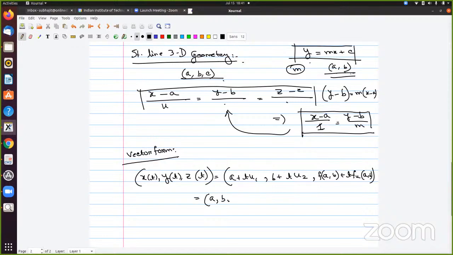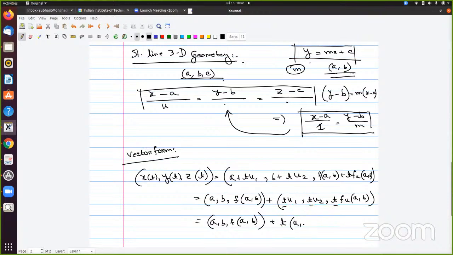So I can split it up. Now you can again split it up by taking the scalar t outside.